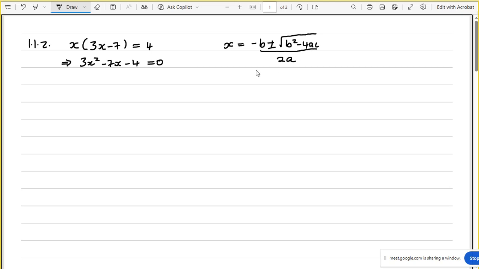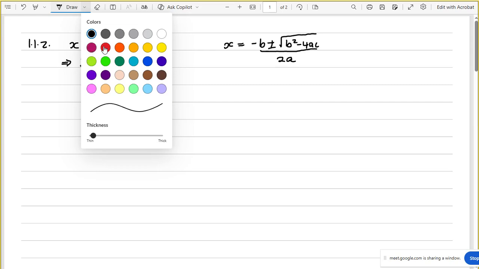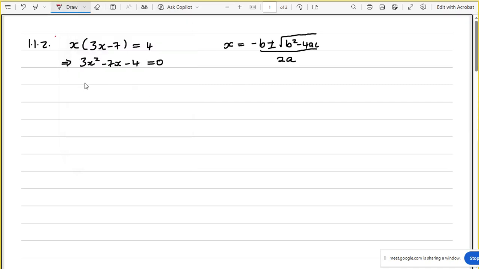So now we're just going to do the substitution. If you look at the equation, it is in the form ax squared plus bx plus c. Therefore, the value of a is 3, the value of b is minus 7, and the value of c is minus 4.